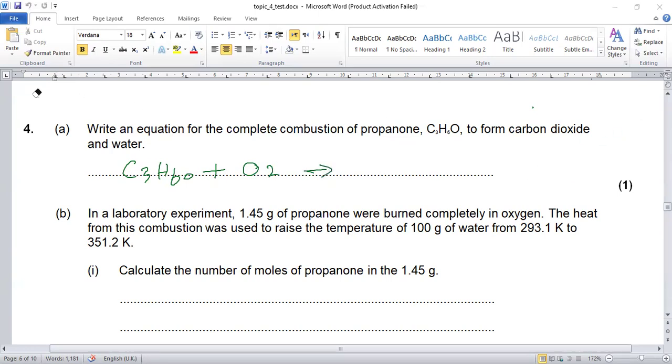Yes, carbon dioxide plus H2O. How can we balance carbon dioxide and water vapor? I'm balancing it now. Okay.